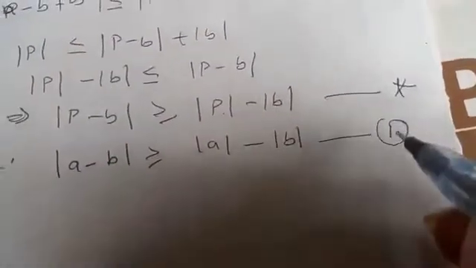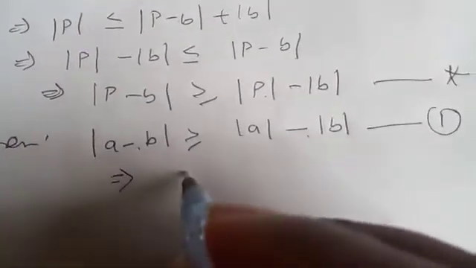Let me call it equation 1. Now let's keep it. This equation we can simply write as the absolute value of a minus the absolute value of b is less than or equal to the absolute value of a minus b. Let's call it equation 2.